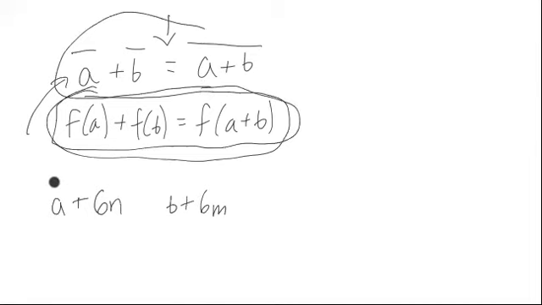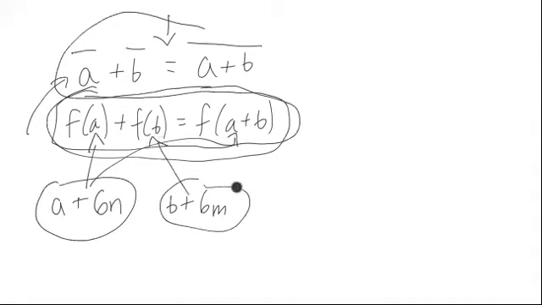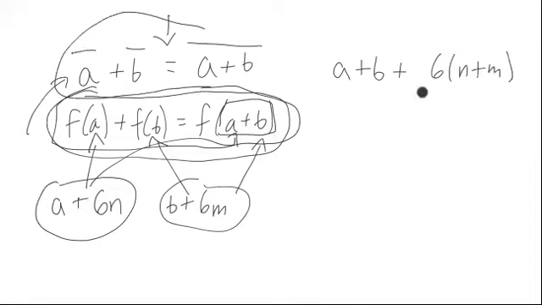Well, first of all, let's take this guy. This guy is going to be replacing a in both places. This guy is going to be replacing the b in both places. And then let's look over here and let's add them together. So if we add them together, we're going to get a plus b plus 6 times n plus m.